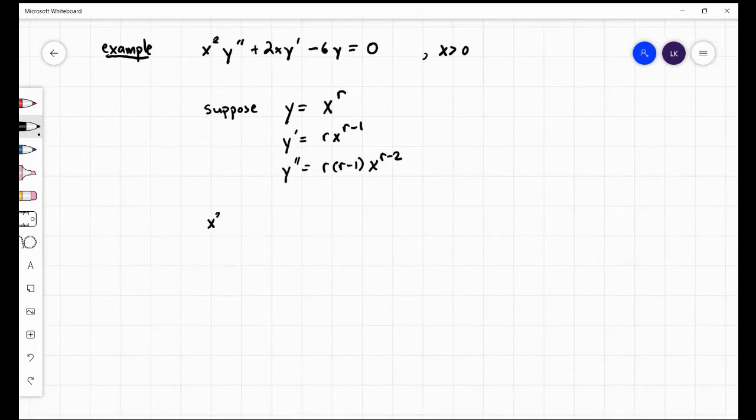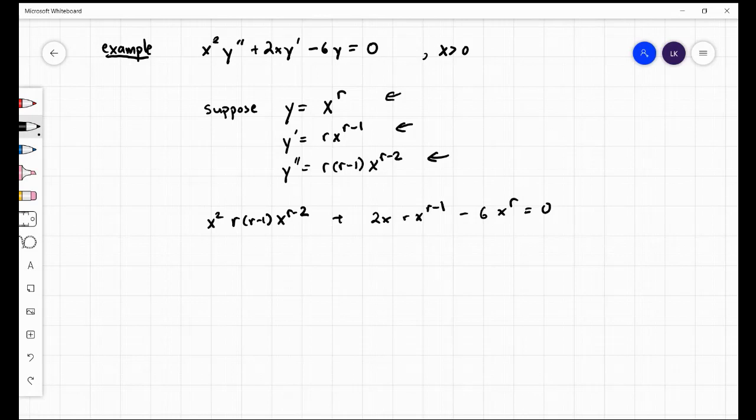So you get x squared times y double prime plus 2 times x times y prime minus 6 times y, and that's equal to 0.